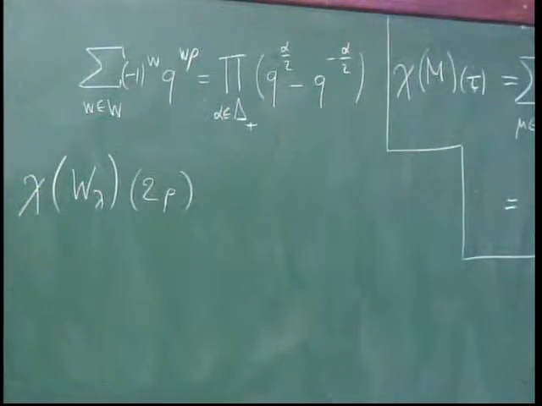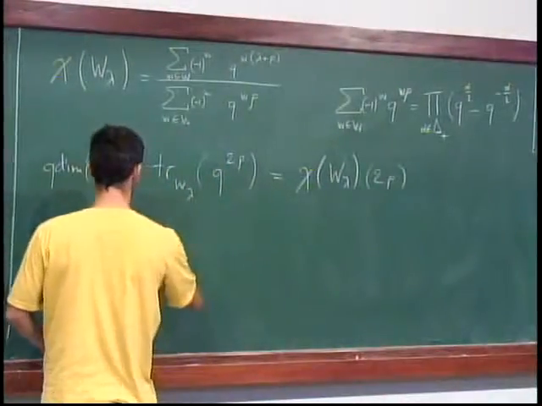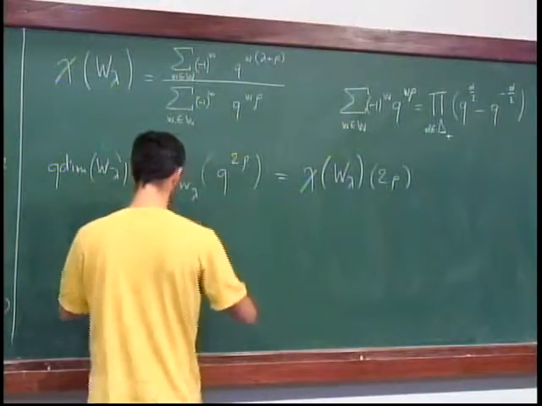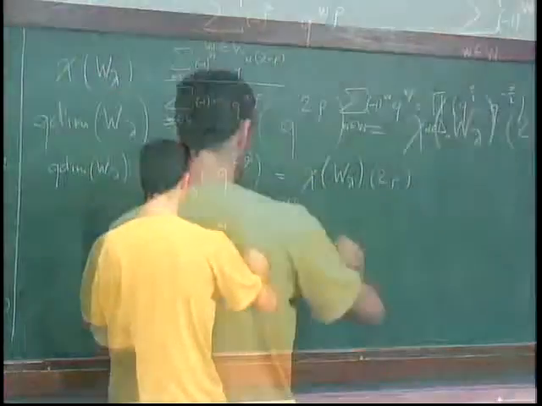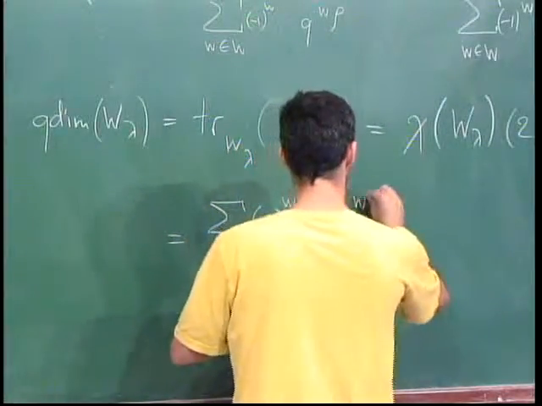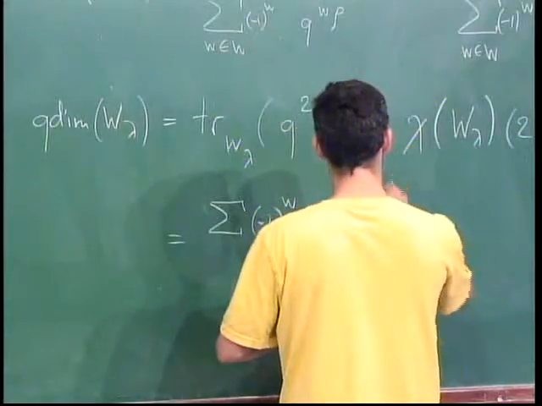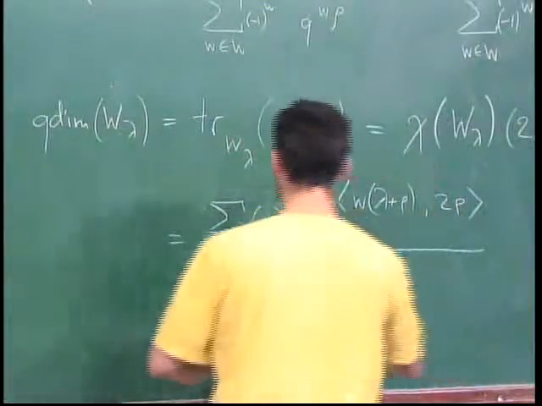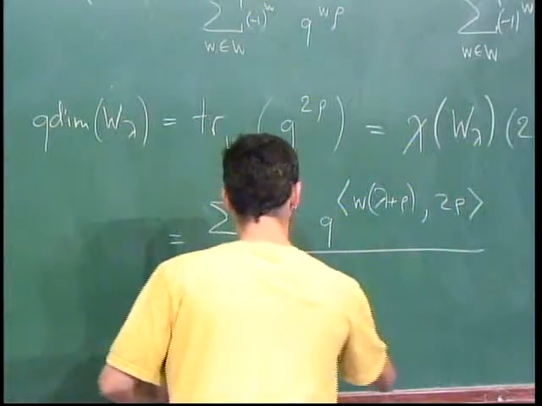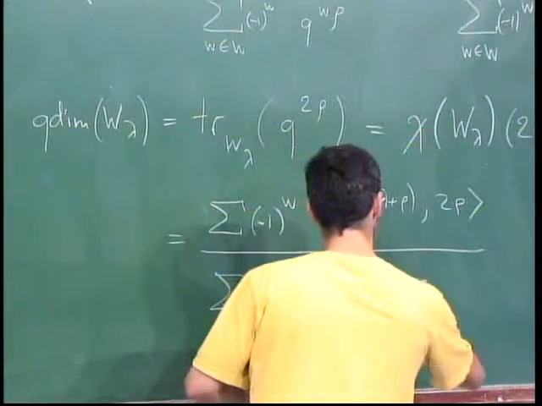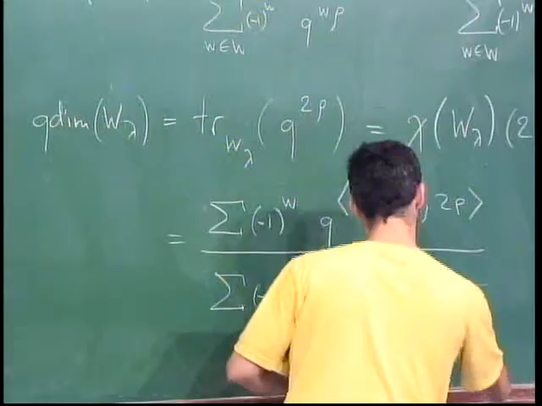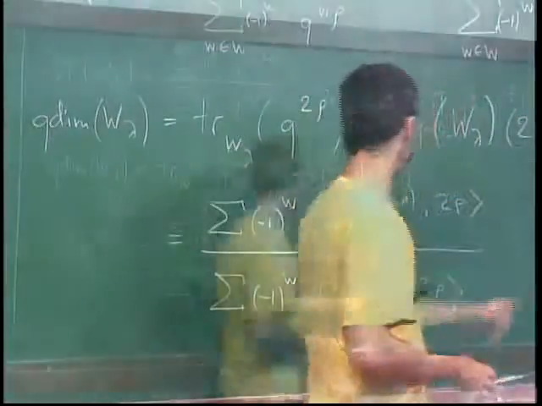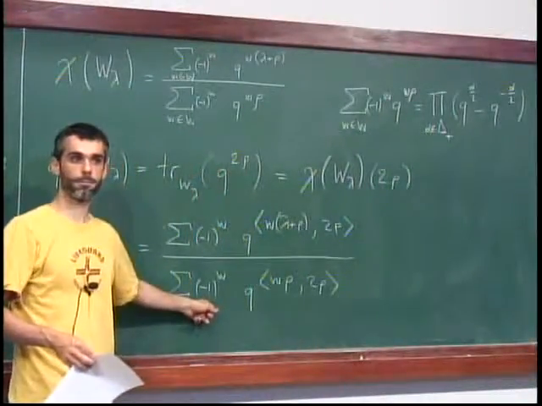So we have these formulas, so let's go on. This is equal to the sum of minus 1 to the w, q to the w acting on lambda plus rho, paired with 2 rho, divided by the sum of minus 1 to the w, w acting on rho, paired with 2 rho. Now we're going to use the denominator formula to replace the denominator by a product.